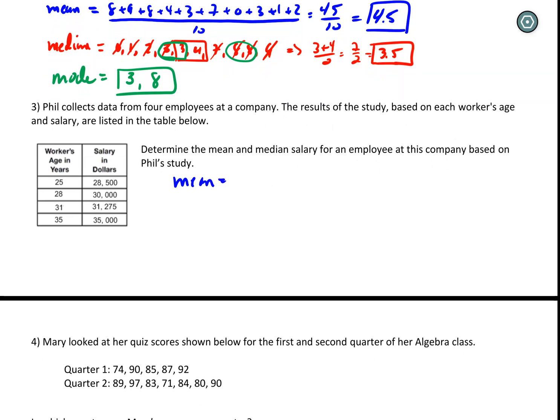I'm going to simply add all of these up, and we're going to end up dividing by 4. There are 4 pieces of data here, in this case 4 employees' salaries. All right, I'm just going to use my calculator here, add these up.